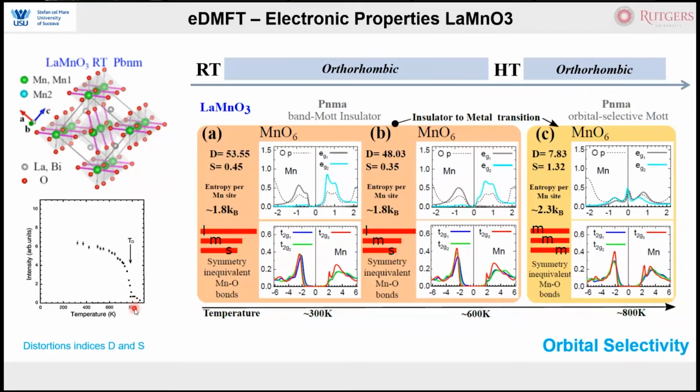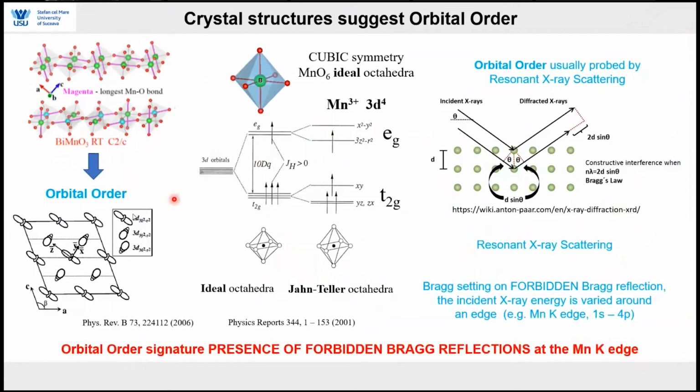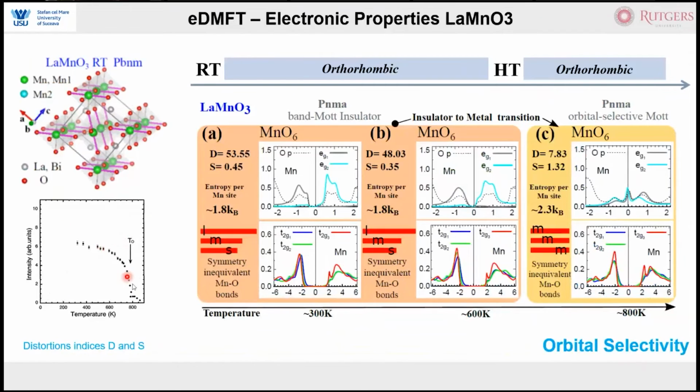Now, moving to 800 Kelvin, above this transition, T2G is still gapped, but the EG orbitals become metallic. So what was interpreted phenomenologically as orbital order, going to orbital ordering being killed, in terms of electronic properties means an insulating state when there is orbital order and a metallic state when the orbital ordering is killed.